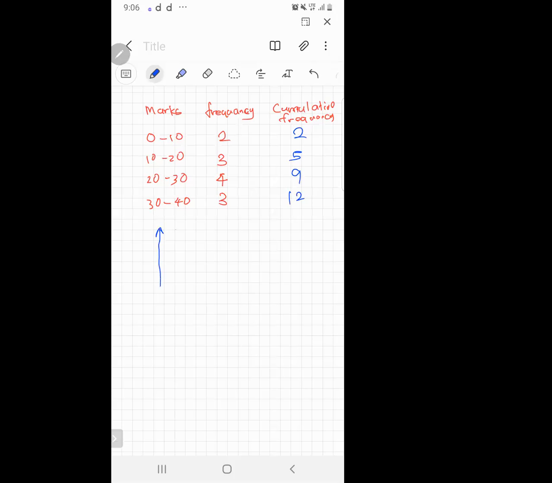So here this is cumulative frequency and this one is marks. And cumulative frequency. So 0 to 10, 10 to 20, 20 to 30 and 30 to 40 and 40 to 50. So 1, 2, 3, 4, 5, 6, 7, 8, 9, 10, 11, 12.